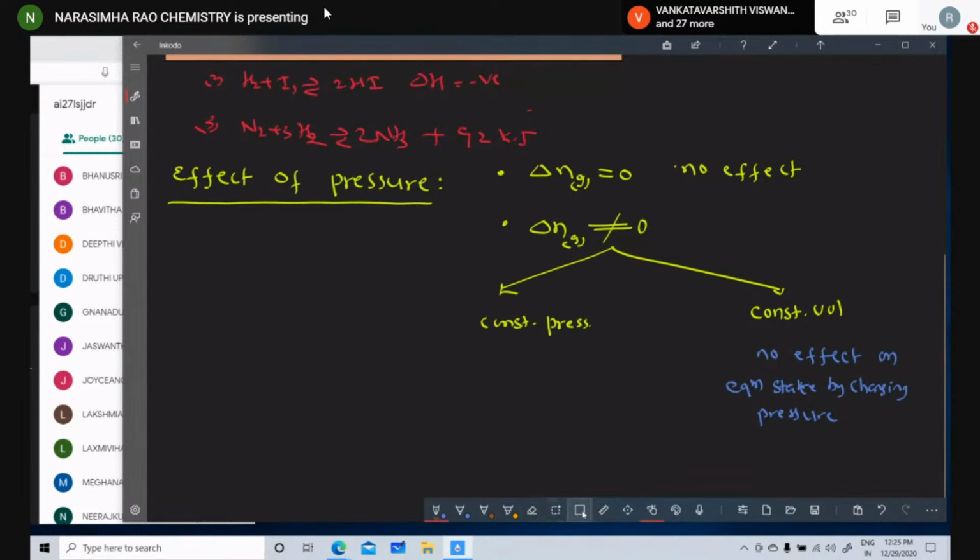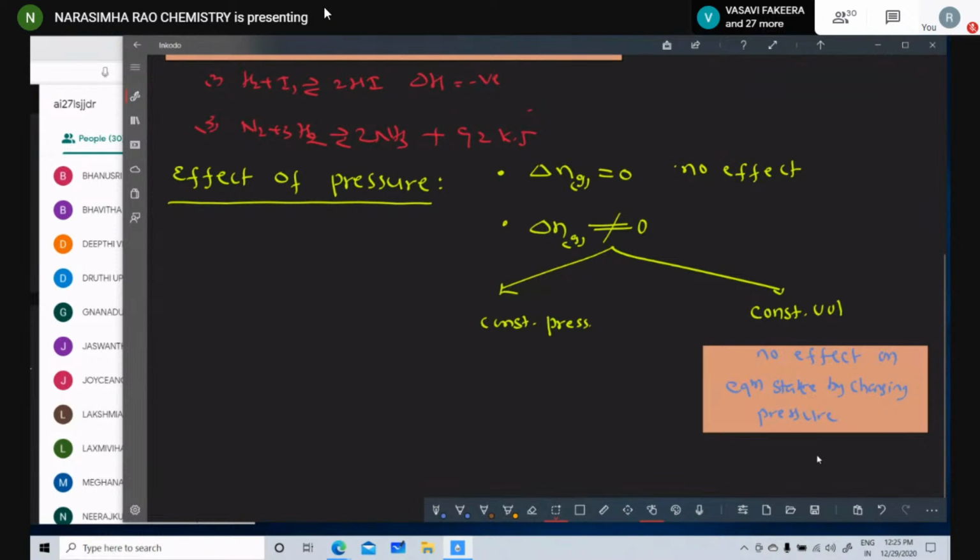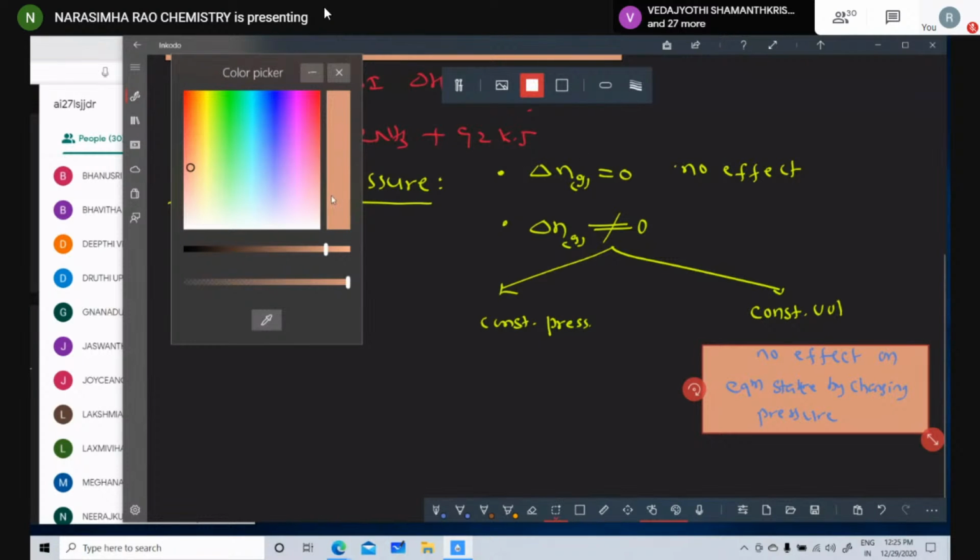Now delta N is not equal to 0. In that situation, children, delta N is not equal to 0, right? It may be negative or positive.